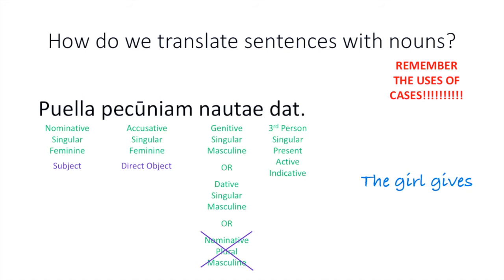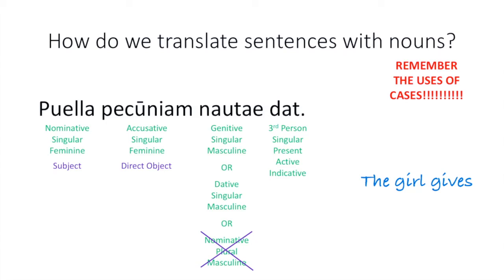Now we have to figure out what's going on with the word nautai, the last word in our sentence. Genitive could show possession, part of the whole, description, or object of another noun. Dative could be the indirect object, and that's really the only option for dative that it could be in this sentence. For possession, and really all other uses of the genitive, we often use the word of before it.